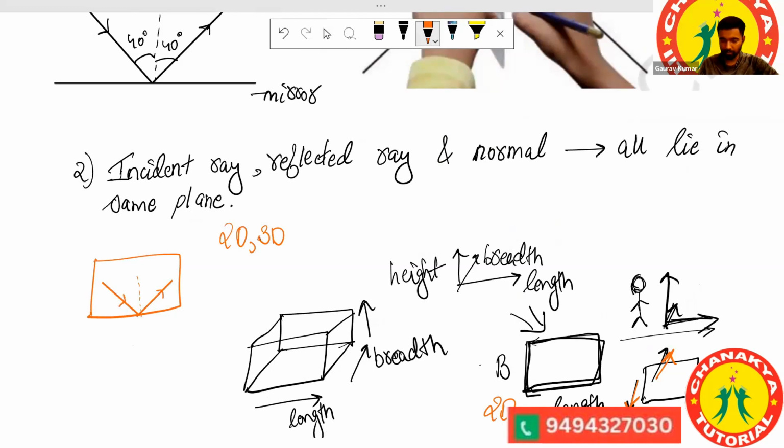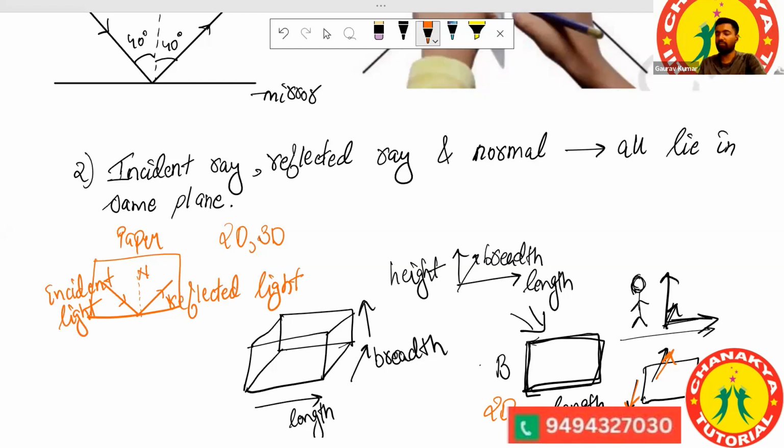You will never come across a phenomenon where the incident light is on this paper and the reflected light comes out of the paper. The incident light, reflected light, and normal all lie in the same plane.